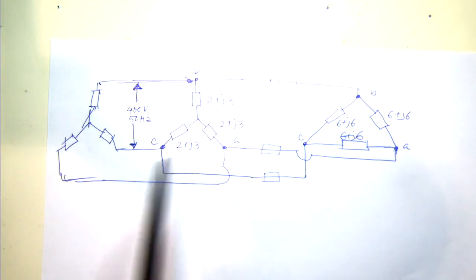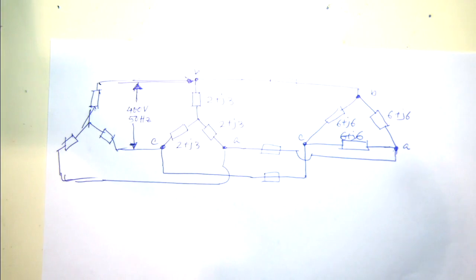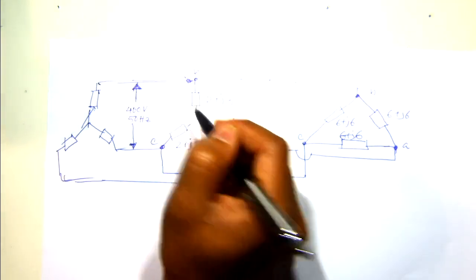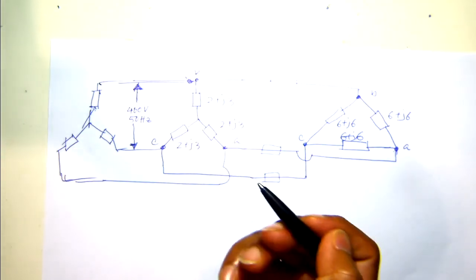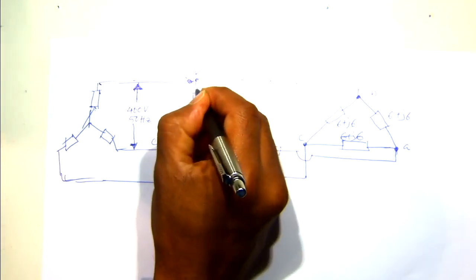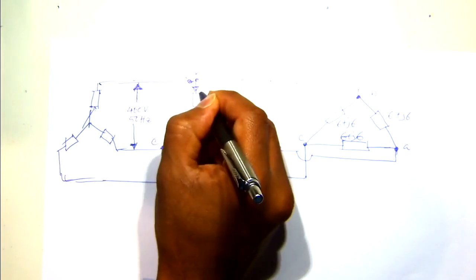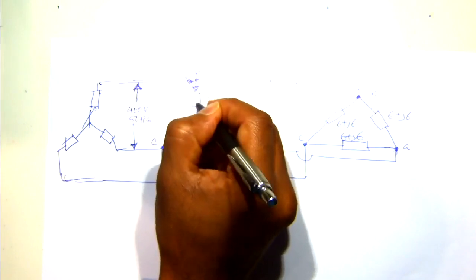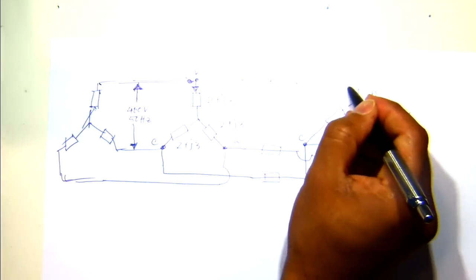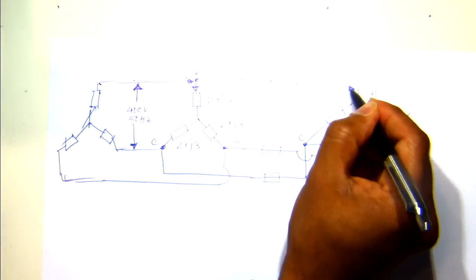Now in this connection, what do we need to determine? They are asking to calculate the line current supplied to each of the load. So we need to calculate the line current for the Y connected circuit and the line current for the delta connected circuit.